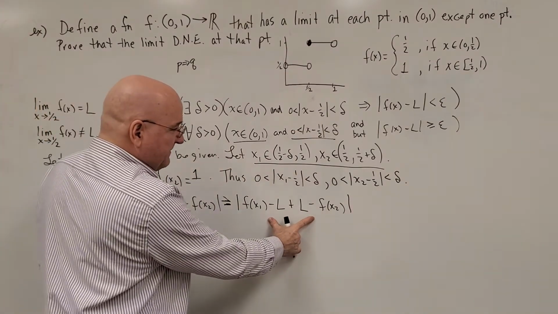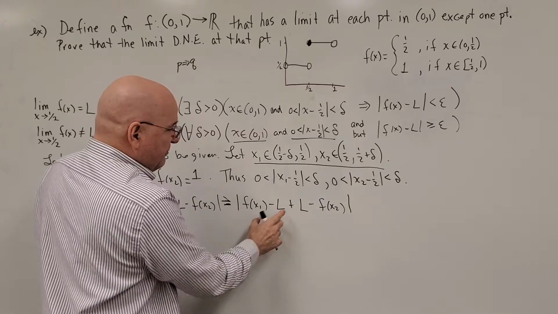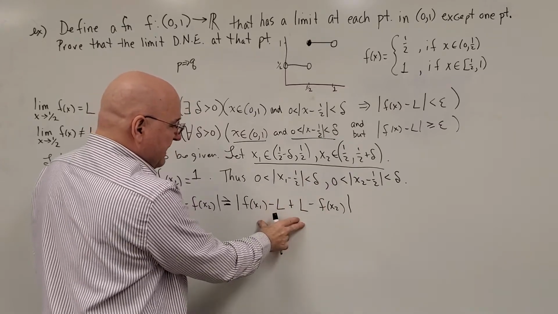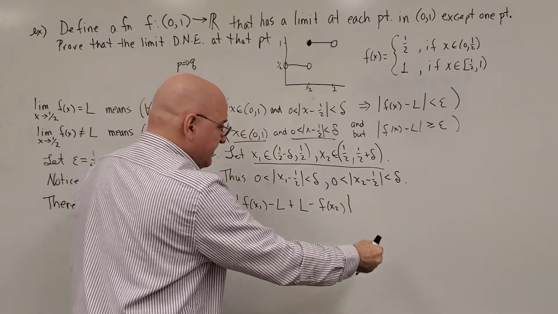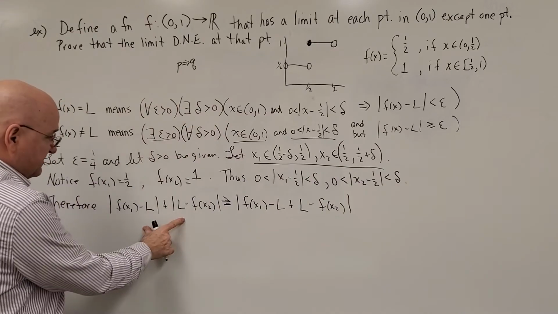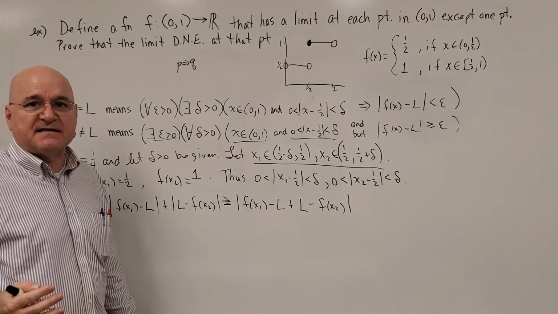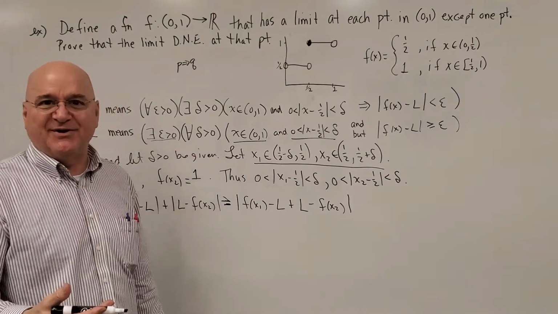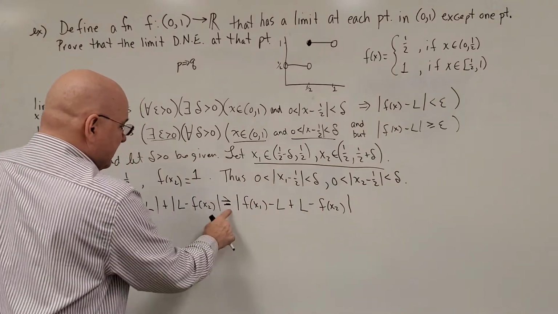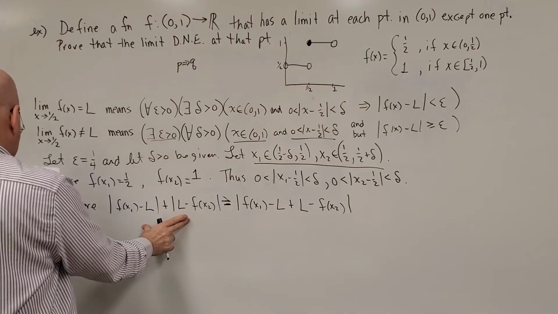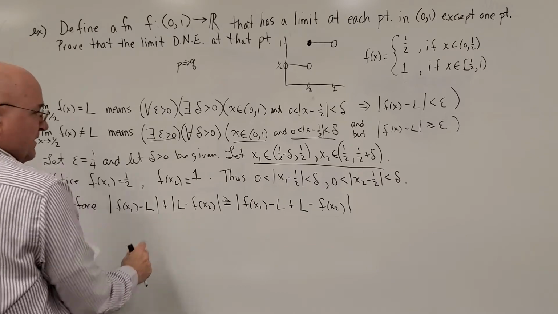Normally, we start with something like this, and then we break it up into the sum of two absolute values, and we say it's less than or equal to this. So we're just doing the exact same thing, but in reverse order. This is less than or equal to this by the triangle inequality.